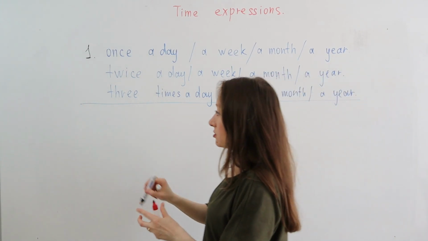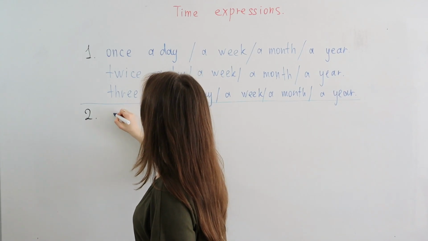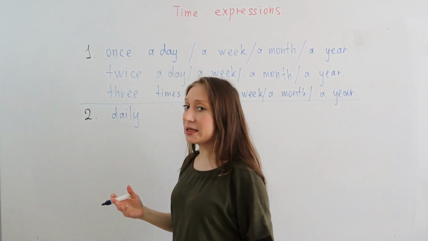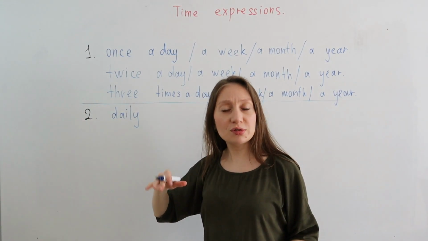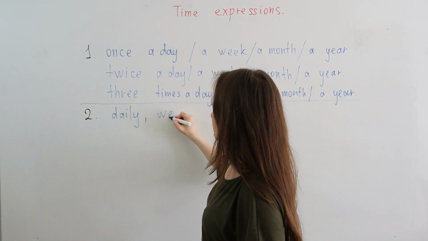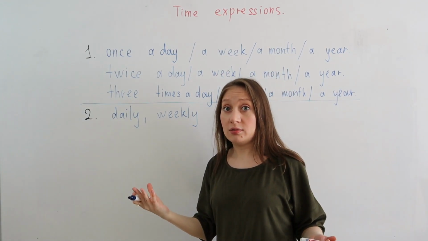very easy. So the next group of the words of expressions is daily. Daily, it means every day, right? Every day, Monday, Tuesday, Wednesday, Thursday, Friday, and so on. Next, weekly. It means every week, right?